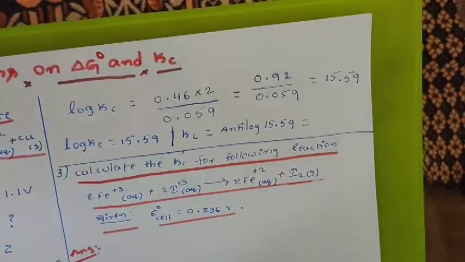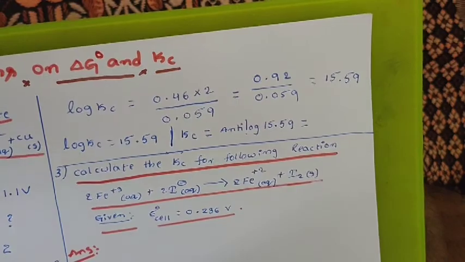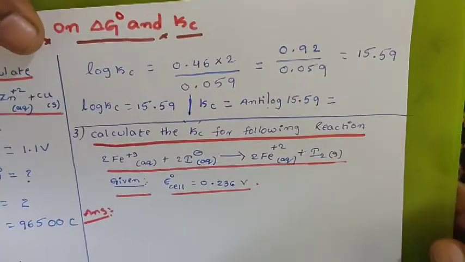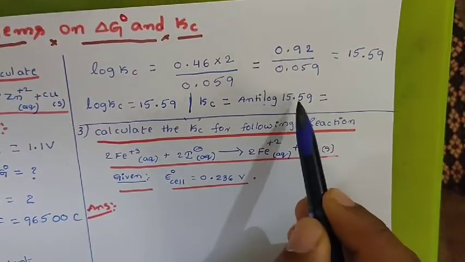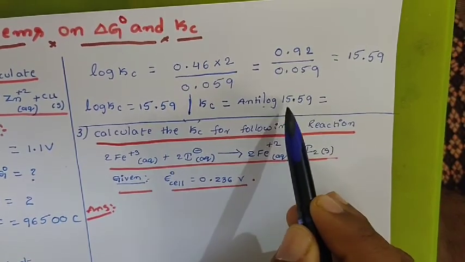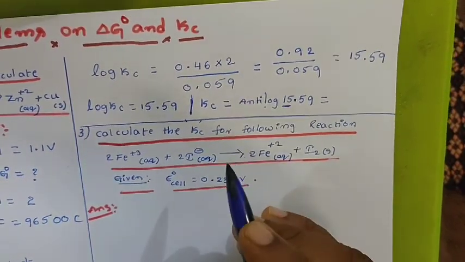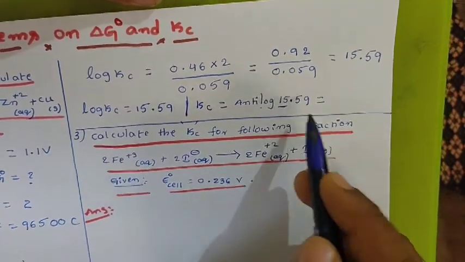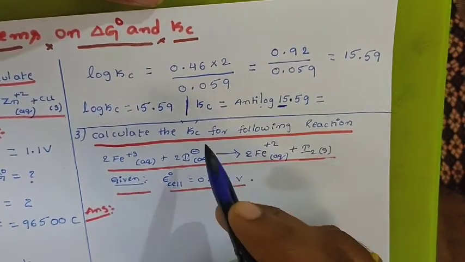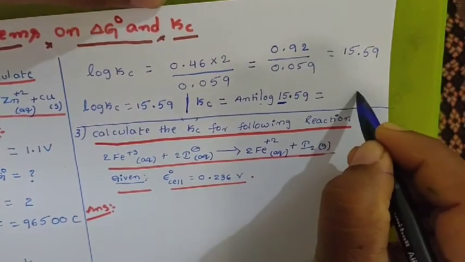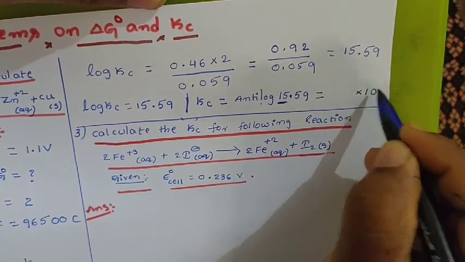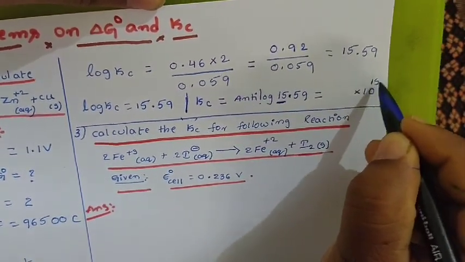This is very important. Look at the point here. The digit before the point is 15. That you can write in the form of 10 to the power of 15.